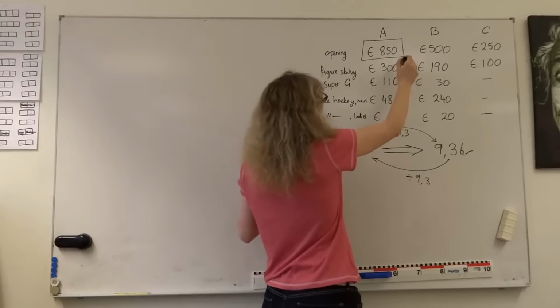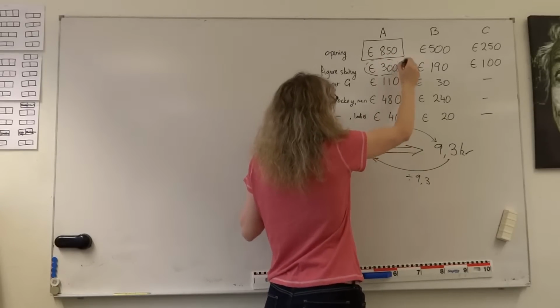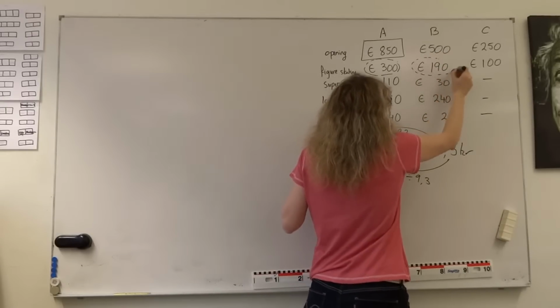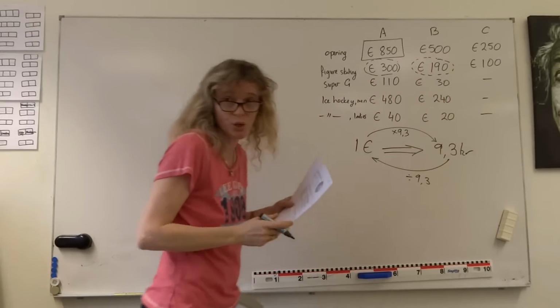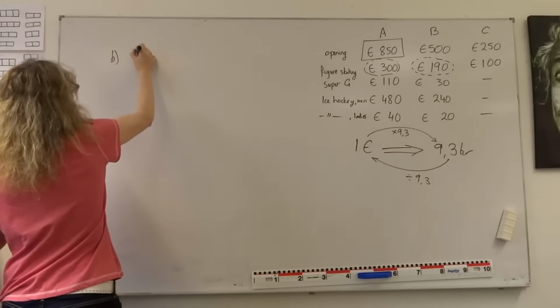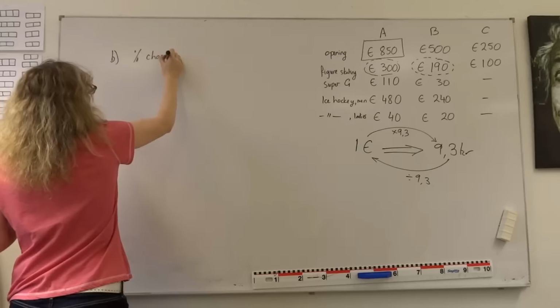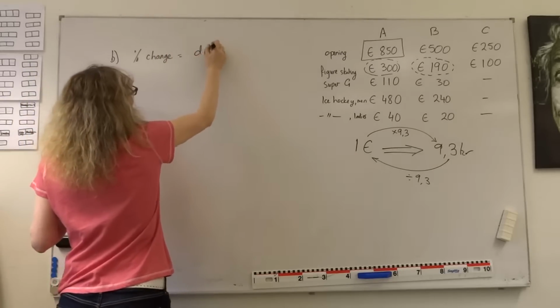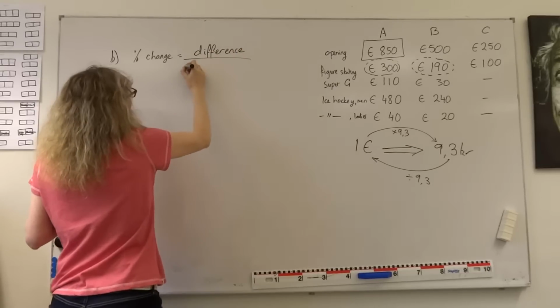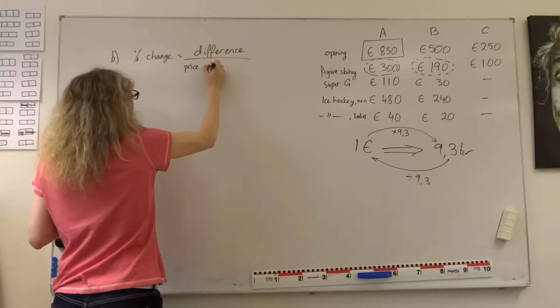So if we're going to look at figure skating for category A, it was 300 euros. And figure skating for category B was 100. So these are the two we are going to look at. And we know that the formula for percentage change is the difference between the two prices divided by the price you're comparing to.